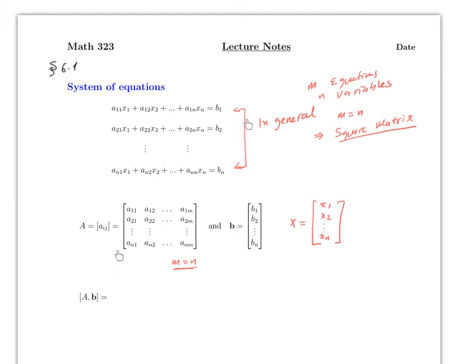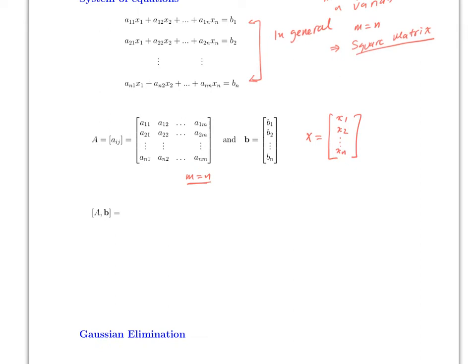Now, there is something called the augmented matrix. The augmented matrix is technically just this matrix A combined with B, and you're going to use this to do the Gaussian elimination process.